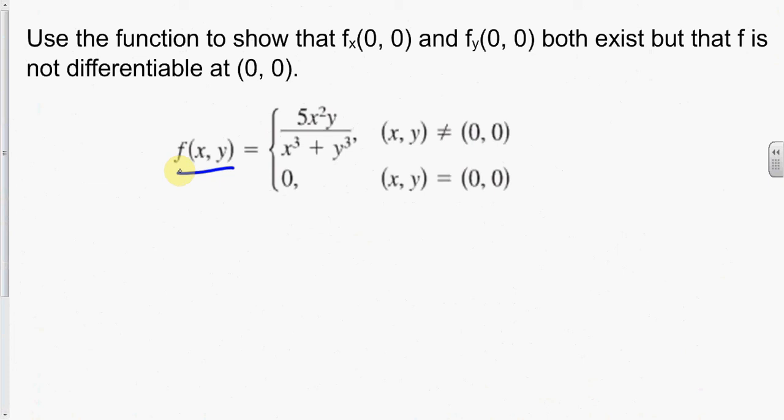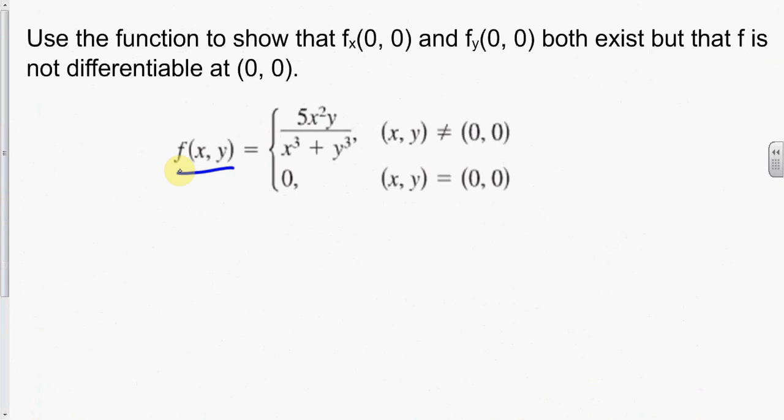Why? Because it's piecewise. It says that when x and y is not the origin, use this value. But when x and y is at the origin, use 0. So it has a jump. Well, you know that anytime a function has jumps in it, it's not going to be differentiable. Right? It's not going to have a derivative. And so that's what they're trying to get at.